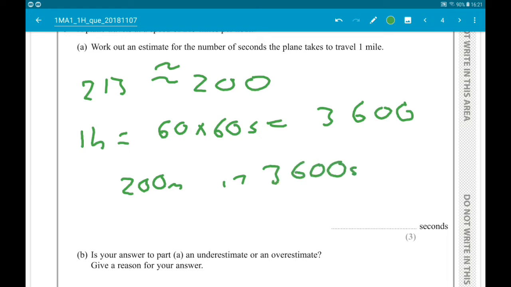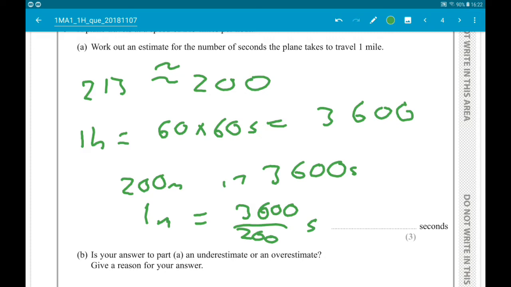We want the time to go 1 mile, so we divide by 200. So we get 1 mile is 3,600 divided by 200 seconds. Both numbers there end with 2 zeros, so they have a common factor of 100.